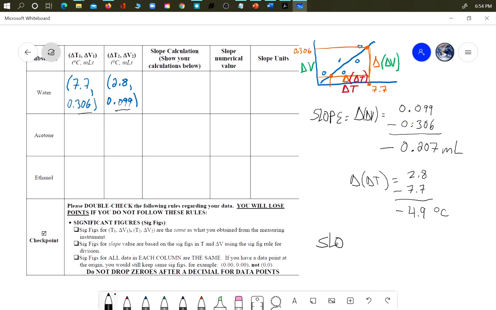So my slope is the change in y over the change in x. And so the change in the y variable was negative 0.207 milliliters. And the change in x is negative 4.9 degrees Celsius.